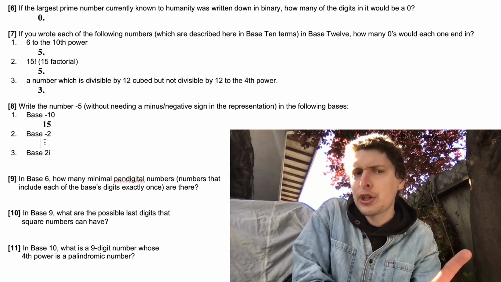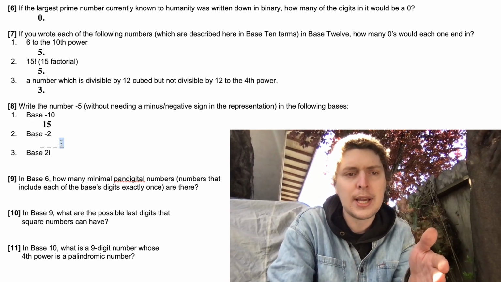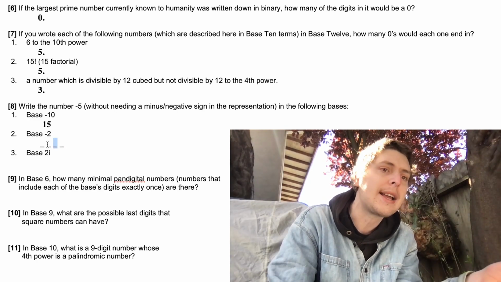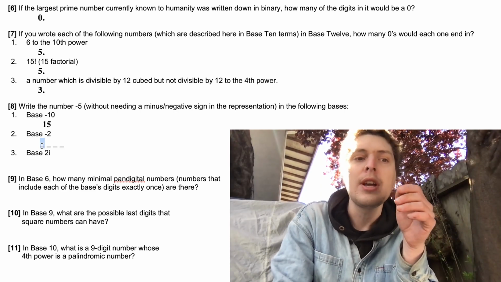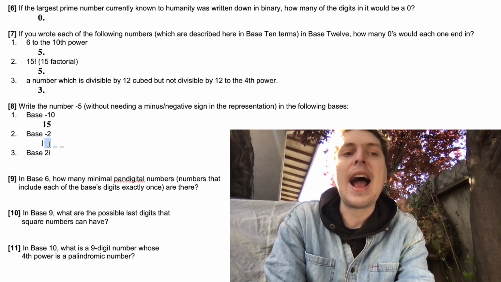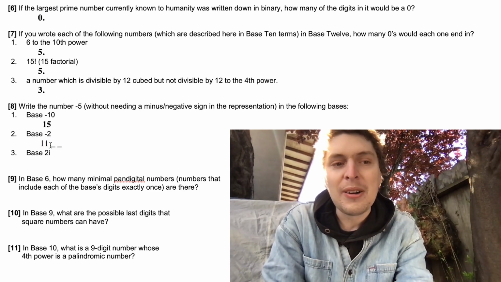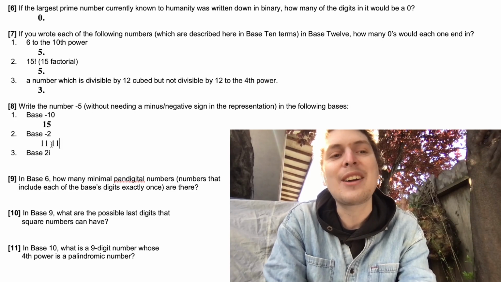In base -2, we need to go a few powers deeper. We can see we have a 1's place, a -2's place, a 4's place, and a -8's place. So we're going to need to take a -8, add back 4, subtract 2, and add 1.